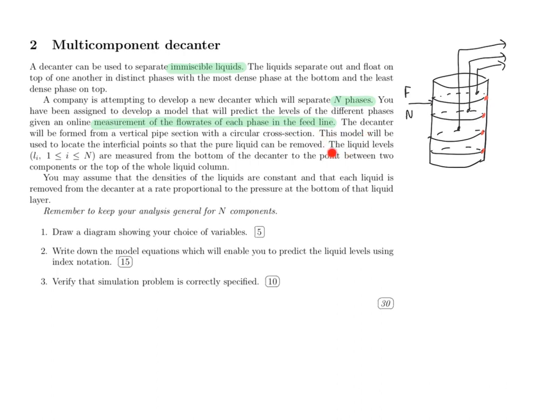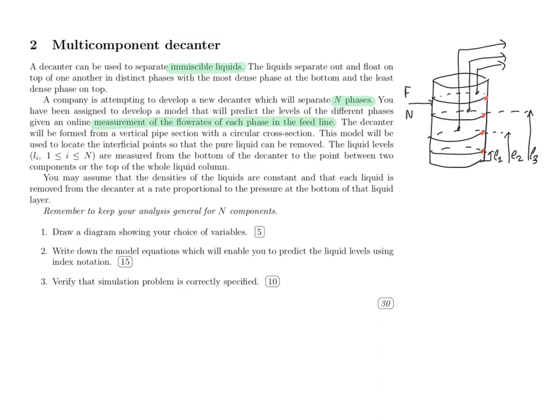So this model, right, the liquid levels are measured from the bottom of the decanter to the point between two components. Okay, so they're saying that from the bottom of the container, this will be, what did they say? Li, so that's L1, and that's L2, and that's L3, and so on. So that's up to there, that's up to there, that's up to there, and so on.